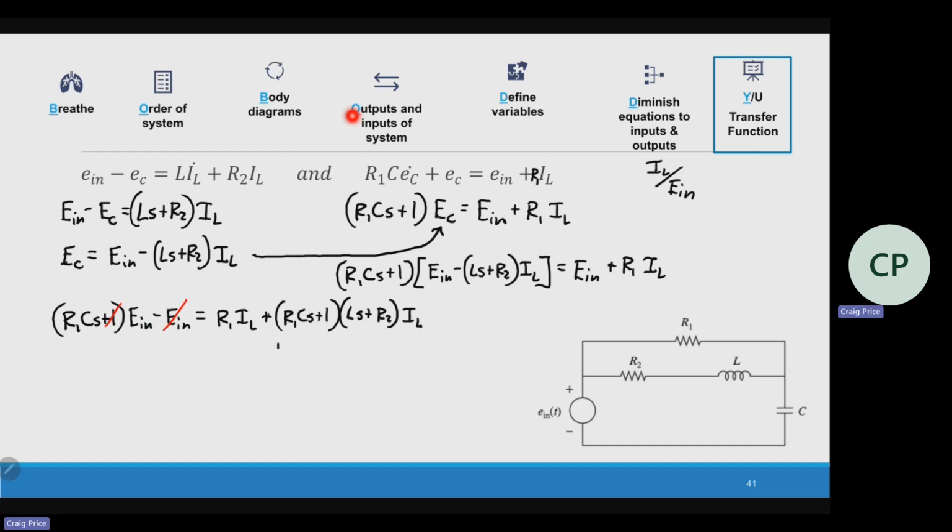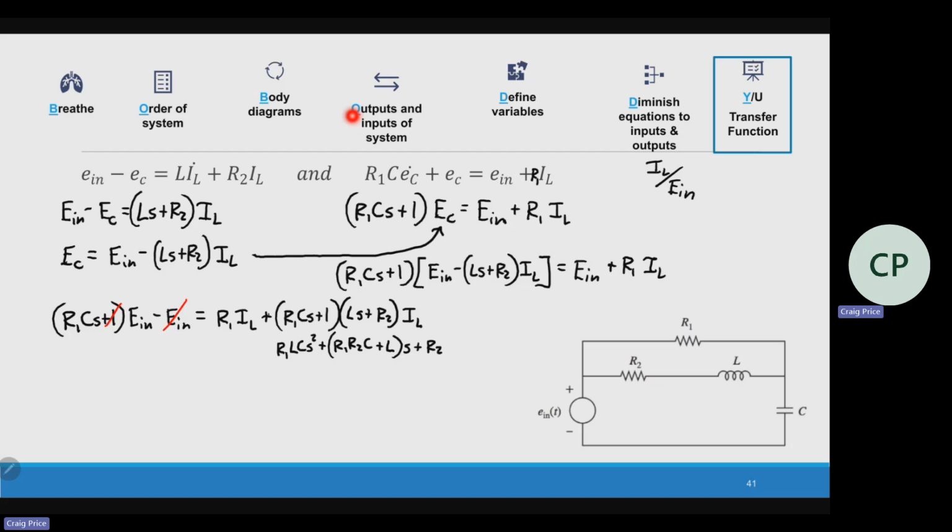This right here becomes R1 LCS squared plus R1 R2C plus L times S, and this becomes R2.